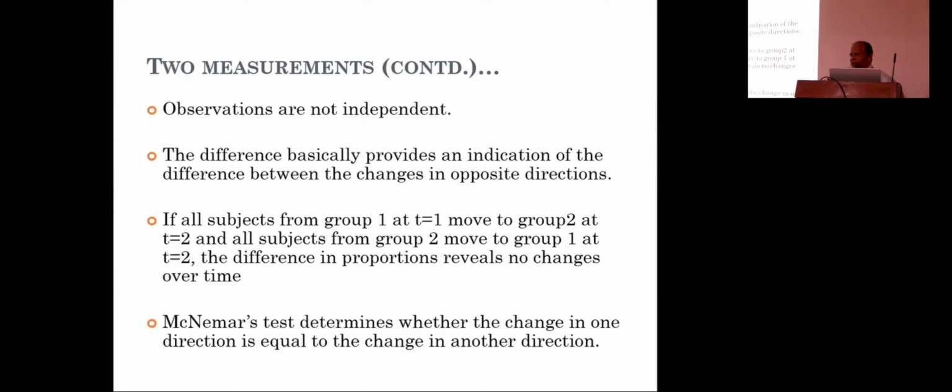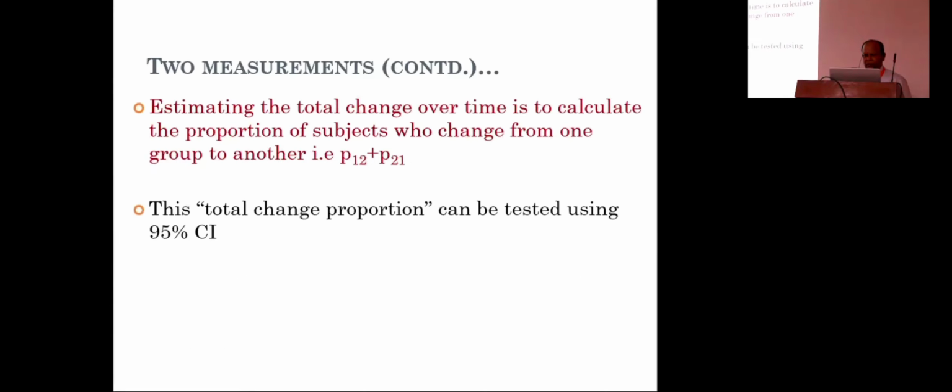As I said, our interest is whether they are equal or not. B minus C whole square divided by B plus C, some formula. The whole idea is whether they are the same or not. But we are here in the change analysis. We wanted to capture how much is this change over a period of time. So total change over time is to calculate the proportion of subjects who change from one group to another.